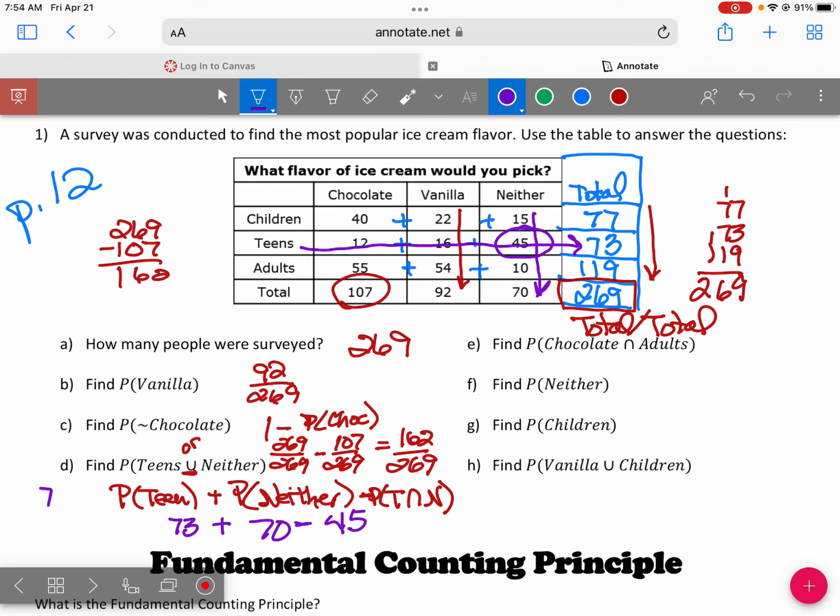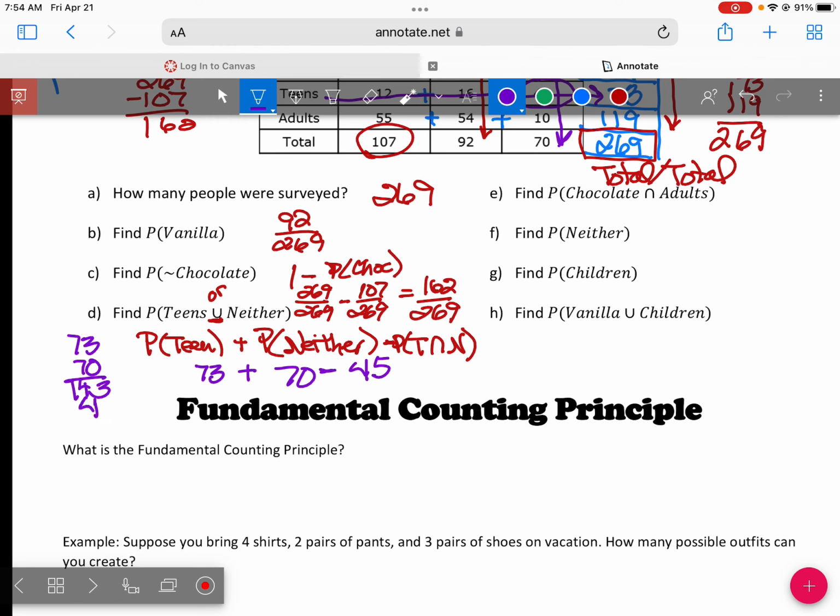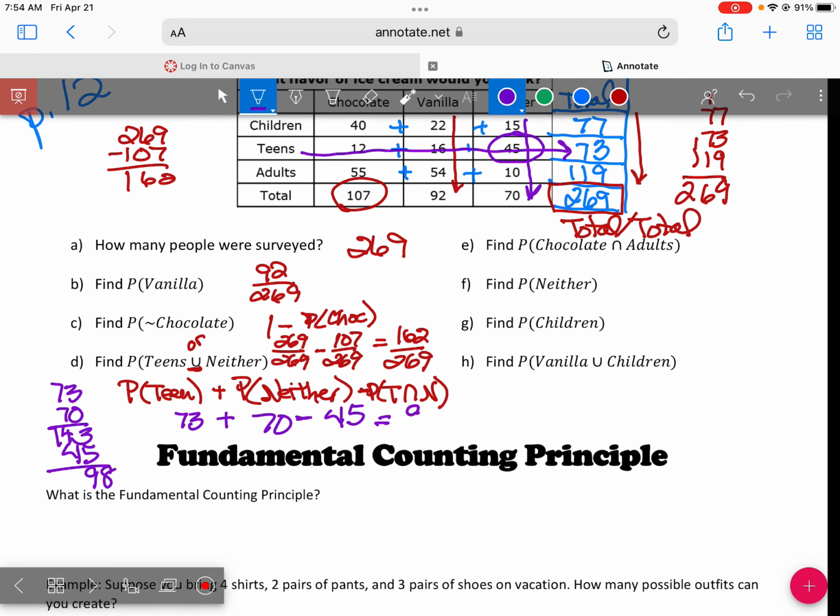Right? So add 73 and 70. That's 143. Minus 45 is going to be, what is it, 98? Yes. 98 over, what's my total again? 269.